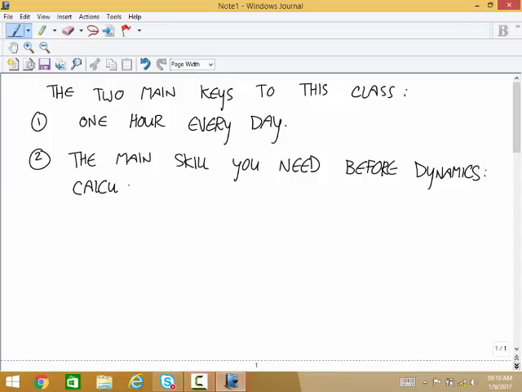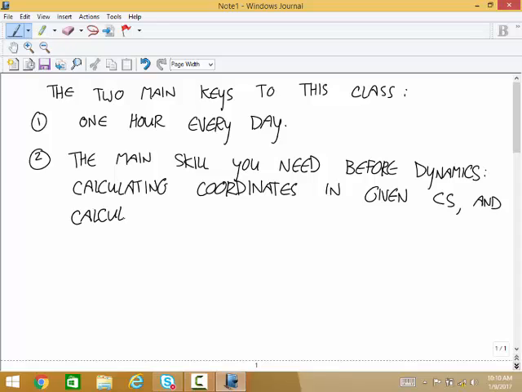Calculating coordinates in a given coordinate system and very closely related to that is calculating vector components. We're going to be doing stuff in 2D and 3D.